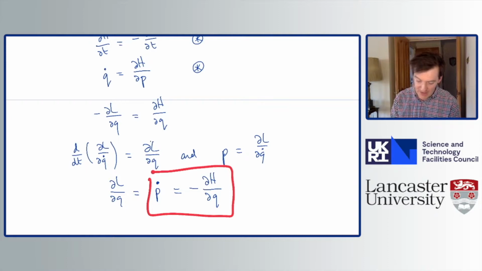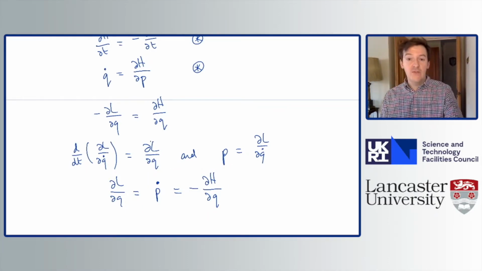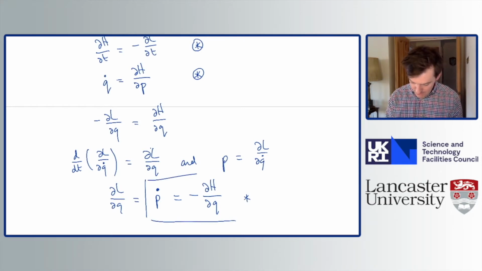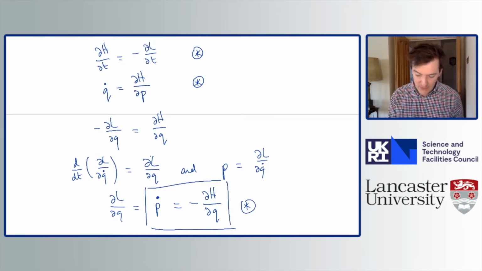The time derivative of p is minus the partial derivative of the Hamiltonian with respect to the coordinate q. These three starred equations, 1, 2, and 3, are what are known as Hamilton's equations.